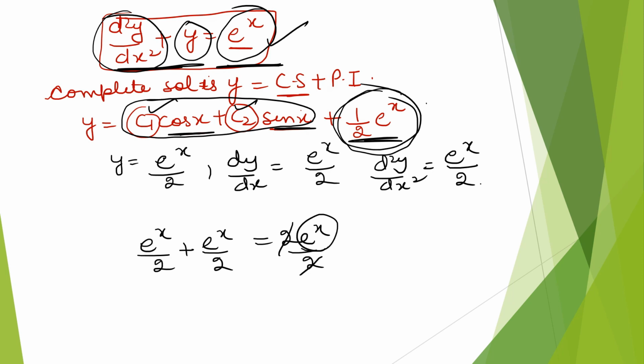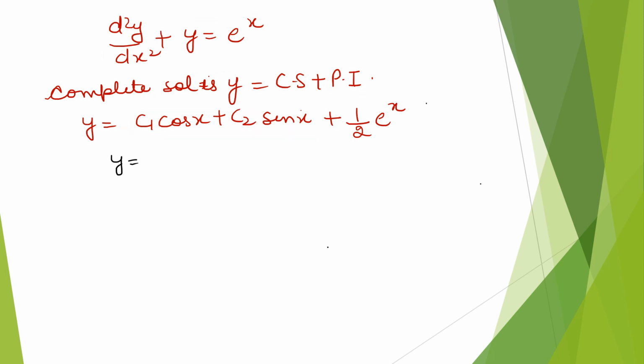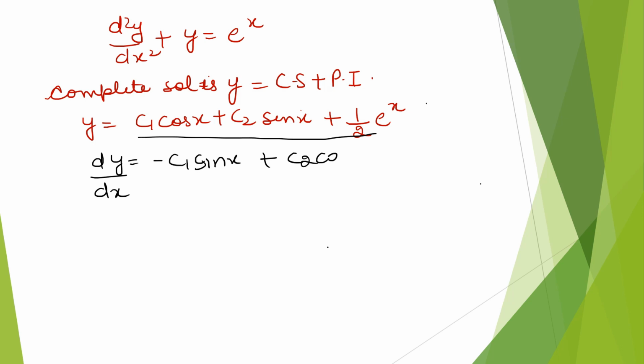Getting my point? And if I take the complete solution, and if I take dy over dx, and if I take all the things here, then you'll get minus c1 sin x plus c2 cos x plus 1 by 2 e power x.